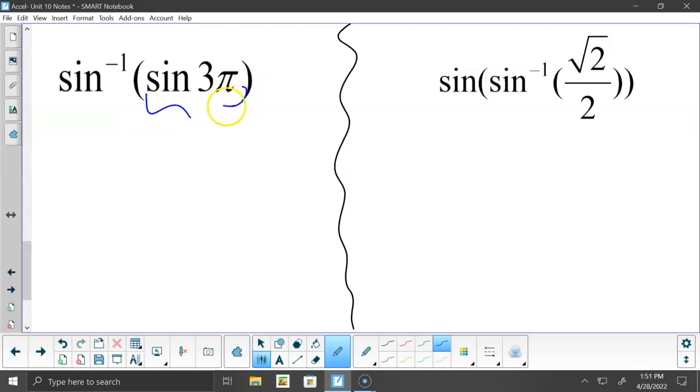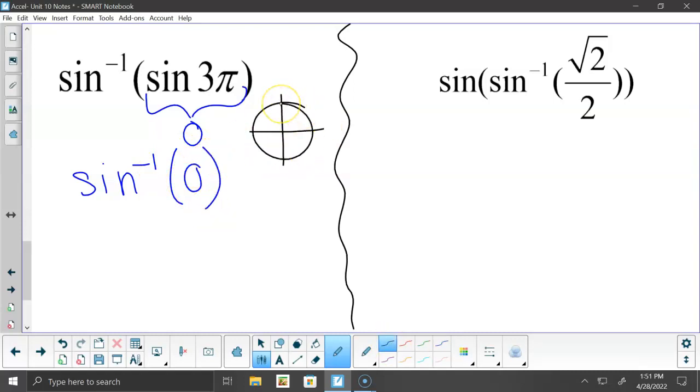Seventh period, yes. So, real quick, what is the sine of 3 pi? 0. All right, so remember, you go from 0 to pi to 2 pi, all the way back to pi, I'm at 0. This is 0. So now, I have to find sine inverse of 0. Draw your little picture, and then what quadrants am I really focused on? 1 and 4.